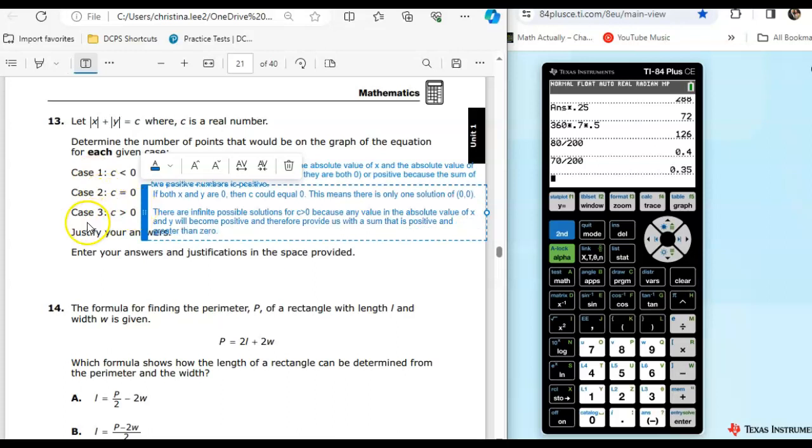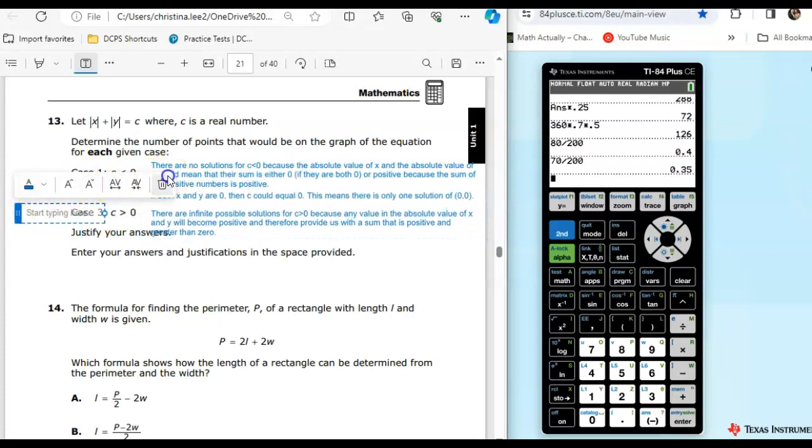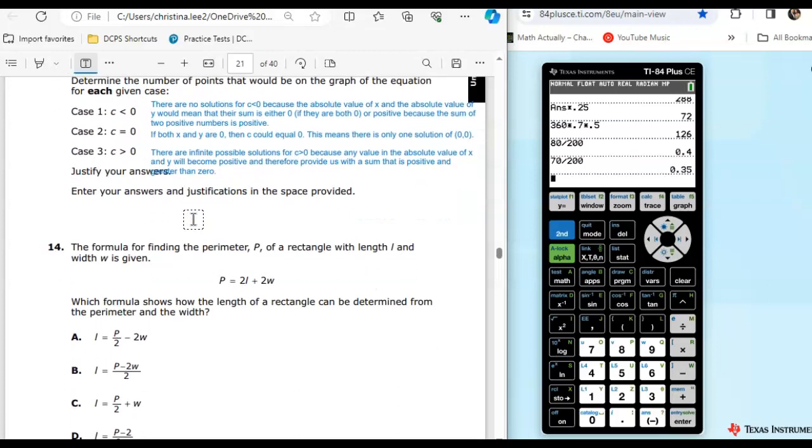Okay? So again, here is just mostly justifying your answers. For this question, make sure that you know what absolute value is, and that you can reason what possible solutions we could have. A solution being a value for x and y that would give us c.